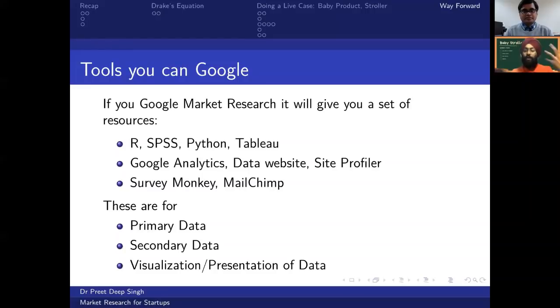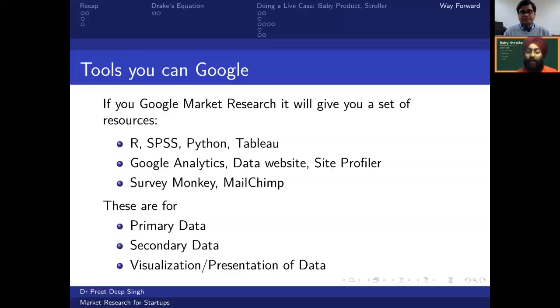Let's say you're making like a recording lecture sort of a product. This might be something you want to know, right? So you can ask the 10, 20, 30, 50 professors on SurveyMonkey that how many people ask you for this question every year, right? So you get an idea. And how do you present this data or understand this data to make it much better for you to take a decision on it?